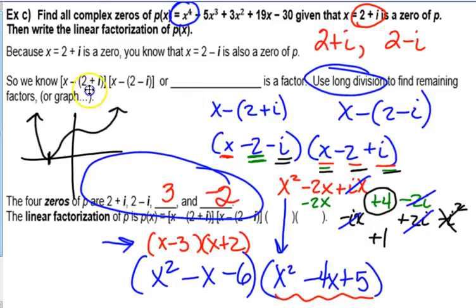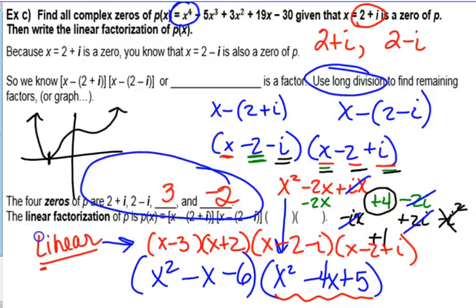It gave us these horrible 2 factors up here that we started this problem with, right here. x minus 2 minus i and x minus 2 plus i. You have to get it all the way down to x's for it to be linear factors. So the 4 zeros, we did x minus this, x minus 2 minus i, x minus 3, and x minus negative 2.